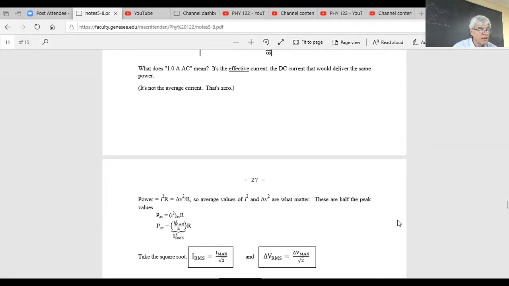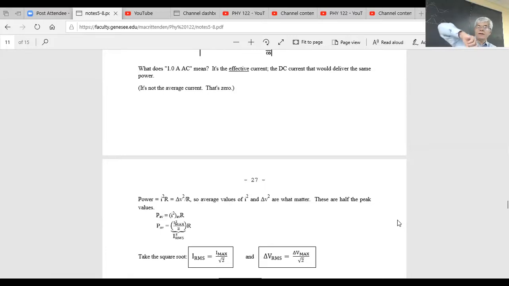Okay, so maybe I got a little long-winded there. But the point is that the effective current equals the peak current divided by the square root of 2. So back to the original question near the top of your screen: what does 1 amp AC mean?